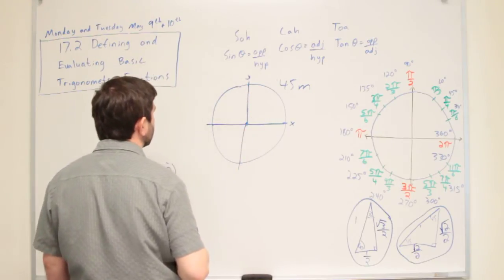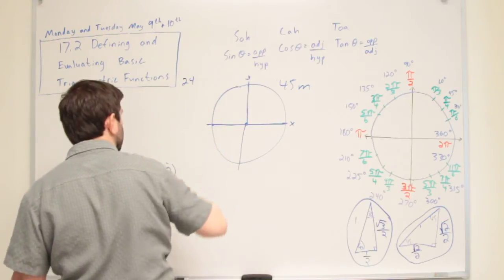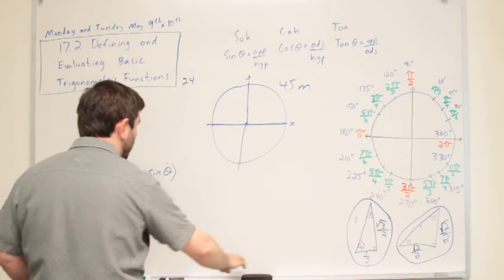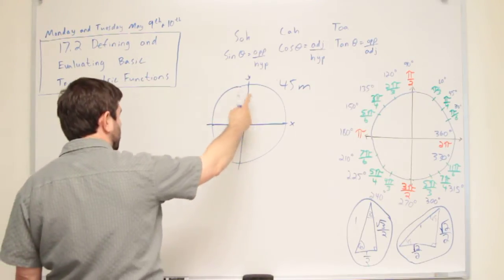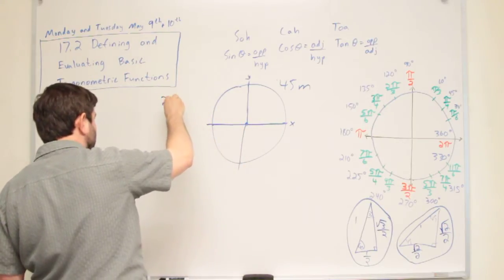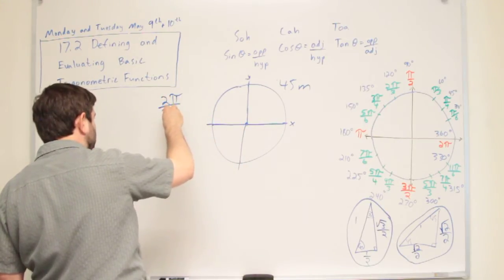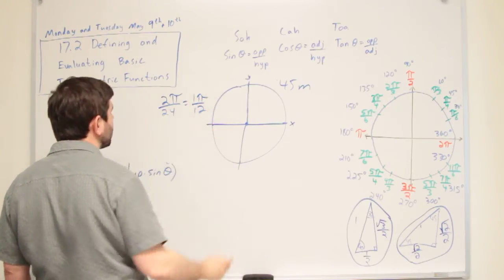We're going to solve this in terms of radians. With 24 spokes, in a whole circle there's 2 pi radians. We're going to divide this by 24. We get 1 pi over 12.